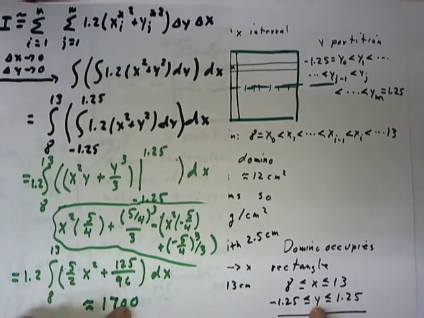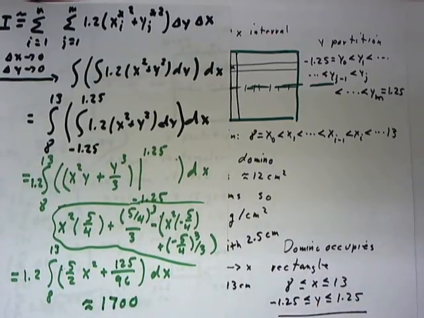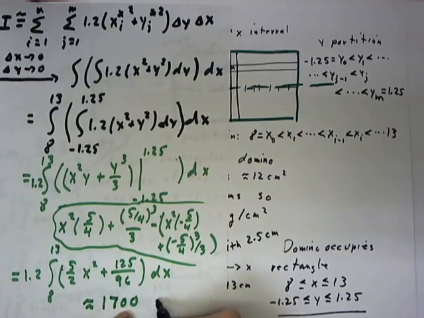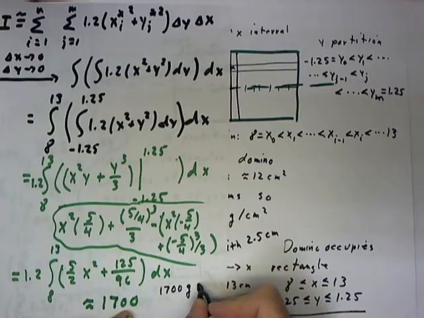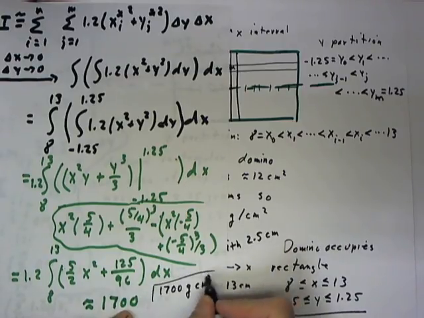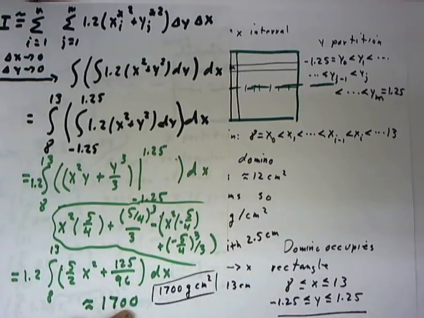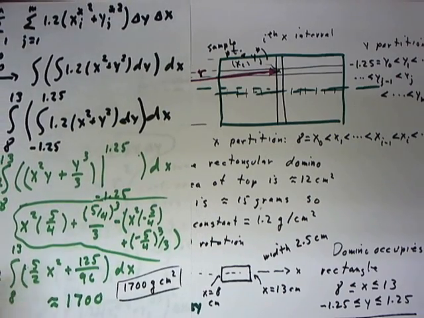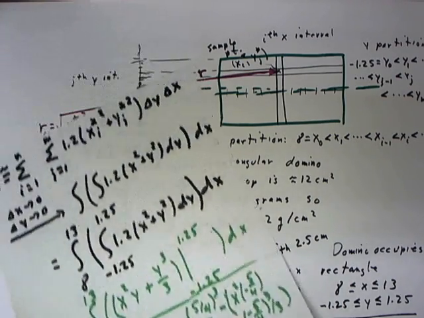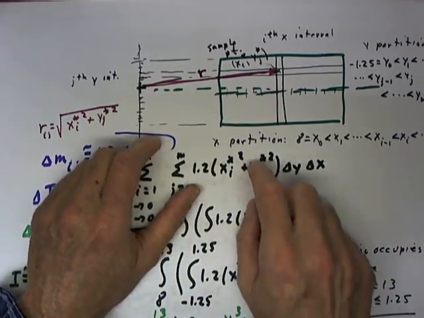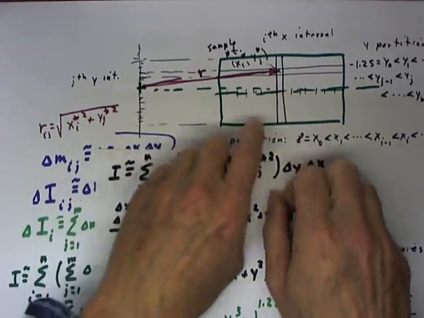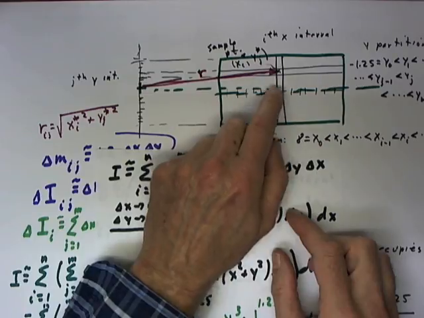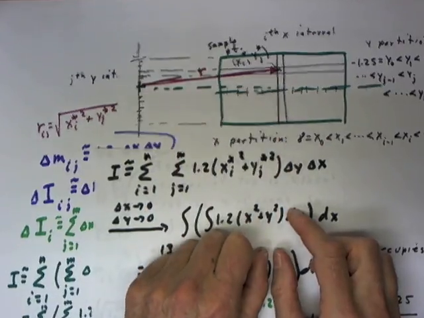Now, our x and y units were centimeters, and our mass units are grams. So this turns out to be 1700 gram centimeters squared. We can compare this result with what we would get if we assumed the mass of the entire domino was concentrated at its center.